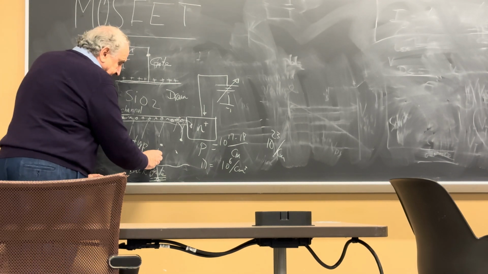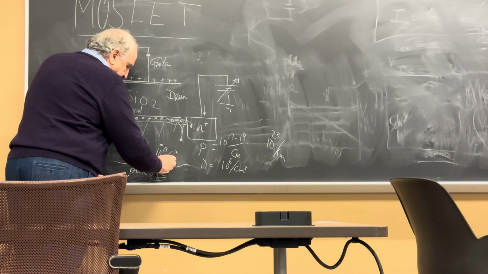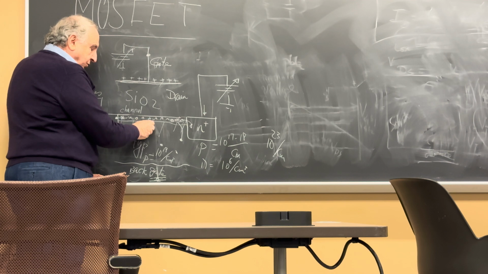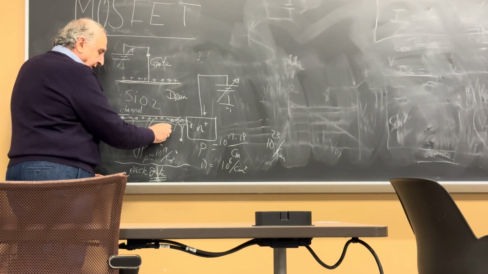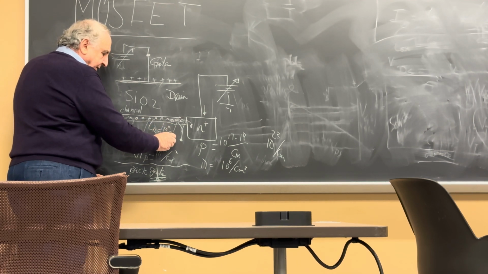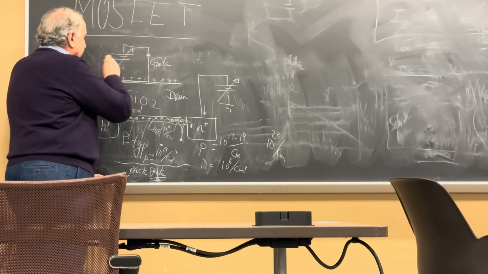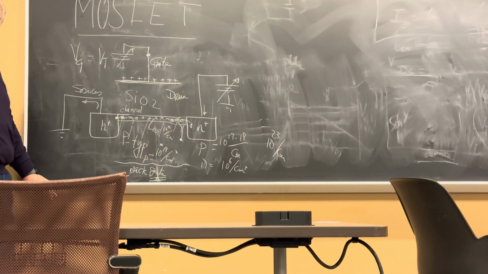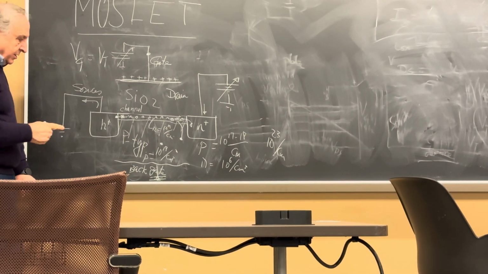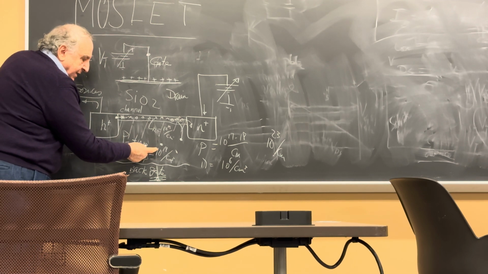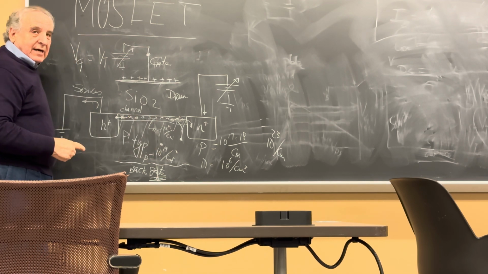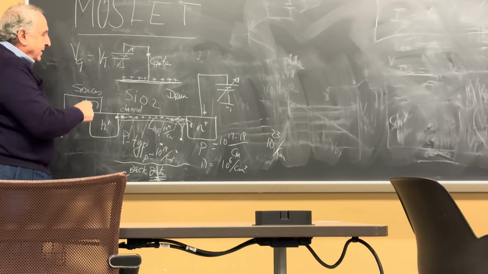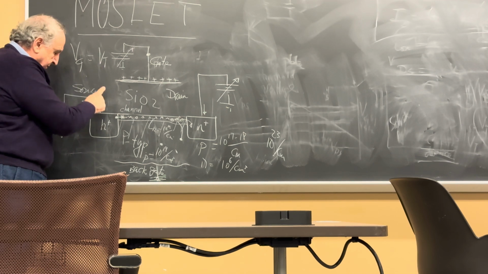If this is 10 to the 19 per cubic centimeter P, and this becomes N equal to 10 to the 19 per cubic centimeter, this gate voltage is what we call reaching the threshold voltage. That's how it's defined. That means I go from 10 to the 19 P to 10 to the 19 N in the channel. It's called total conversion. I convert it from P to N. That defines the threshold voltage.